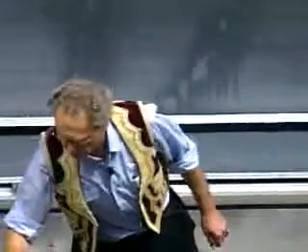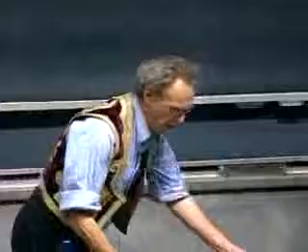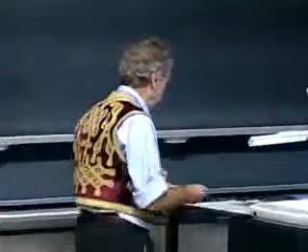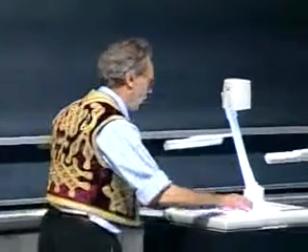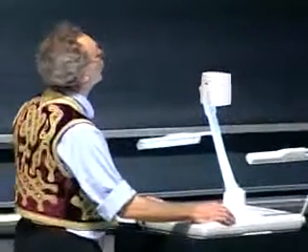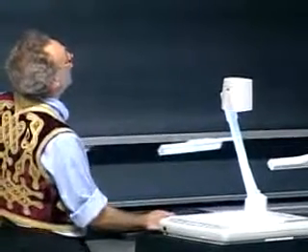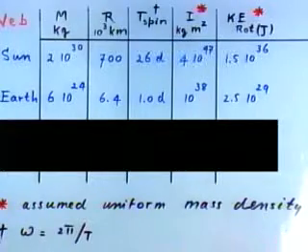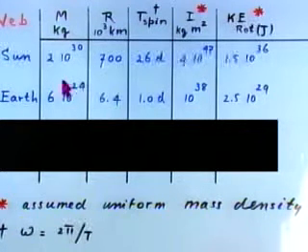I will first discuss with you the Sun and the Earth and see how much rotational kinetic energy is stored in the Earth and in the Sun. This is also on the 801 homepage, so don't copy this. Let's first look at the Sun. We have the mass of the Sun. We have the radius of the Sun. So you can calculate the moment of inertia of the Sun.